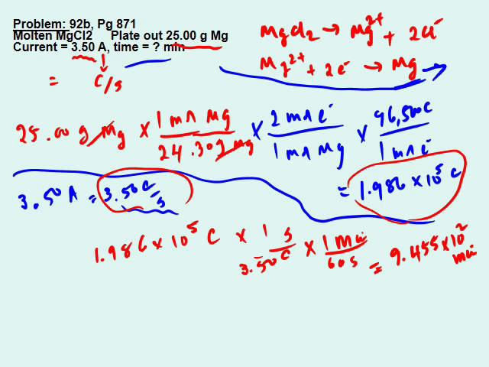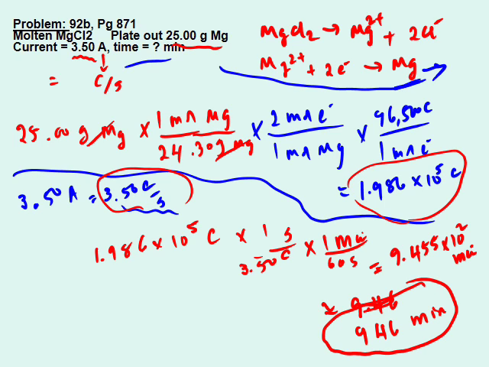I can round off to 946, because we're multiplying by 10 squared. So the answer to this question is 946 minutes. You basically need 946 minutes of electricity of 3.50 ampere to be passed through in order to plate out 25 gram of magnesium.